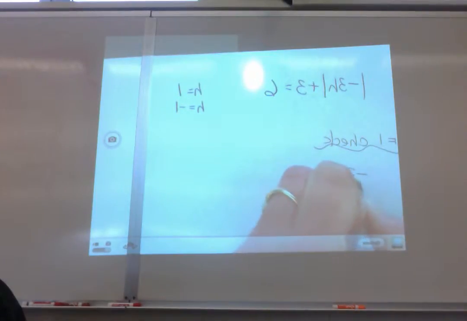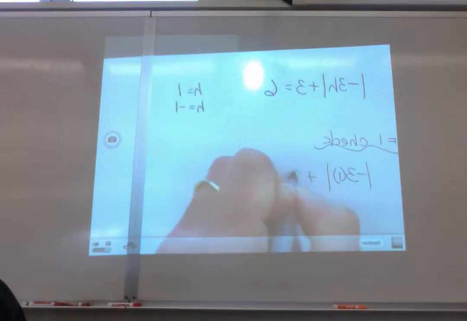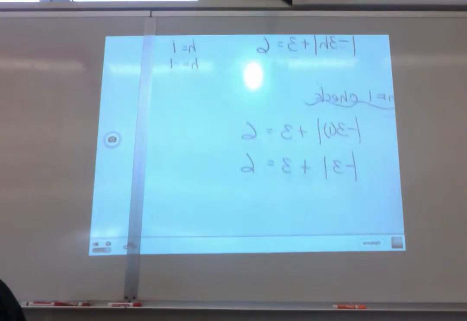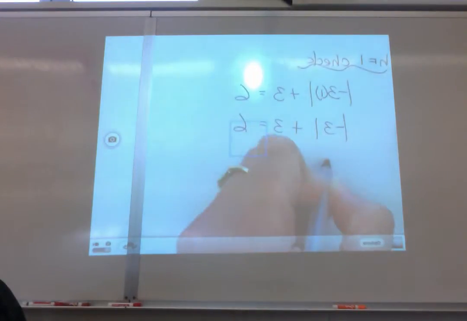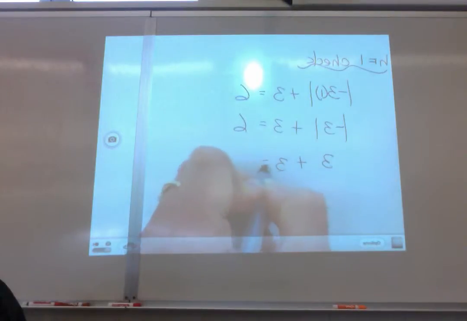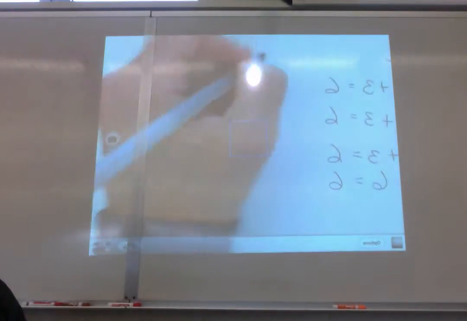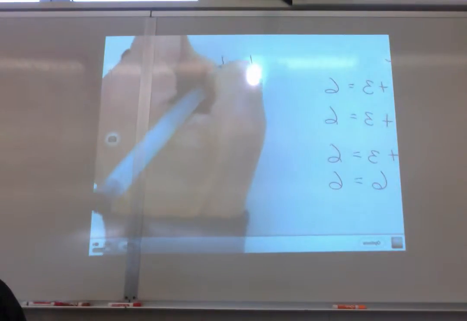Negative 3 times 1, absolute value, plus 3 equals 6. Negative 3, absolute value, plus 3 equals 6. 3 plus 3 equals 6. 6 equals 6. So it works for the 1. H equals negative 1.